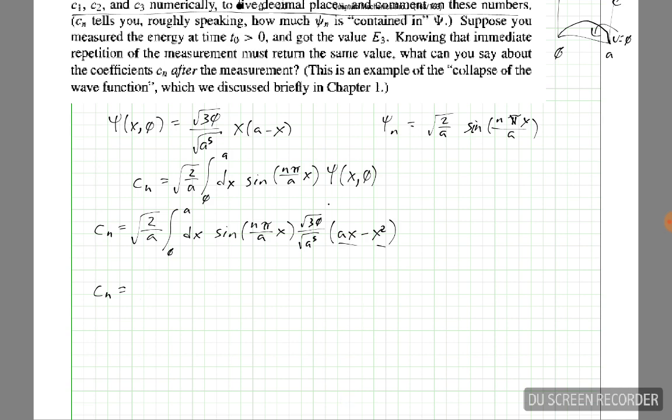Certainly. Okay, so then I have square root of 30 times square root of 2, so I'm going to write that as square root of 60. Then I have square root of a to the 6, so I'm just going to go ahead and write that as a to the third.